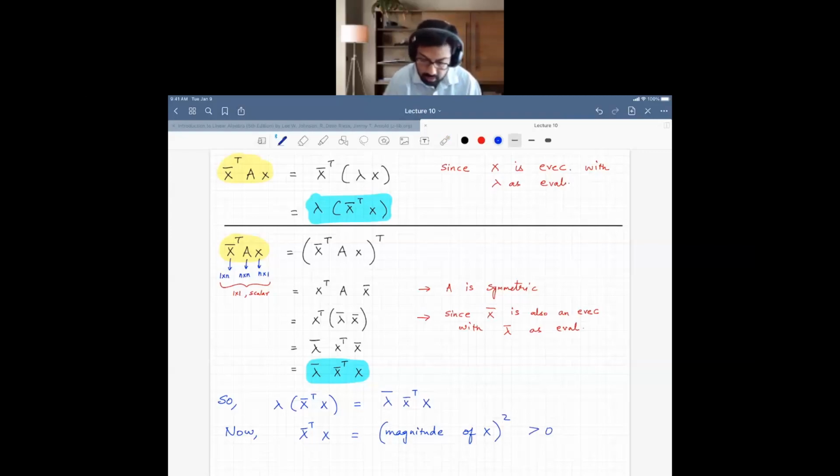Now, this will tell you that lambda equals lambda conjugate, right? If this and this are the same, then we know lambda equals lambda conjugate, which also implies that lambda is real.